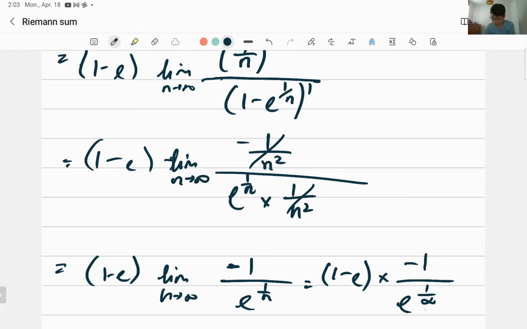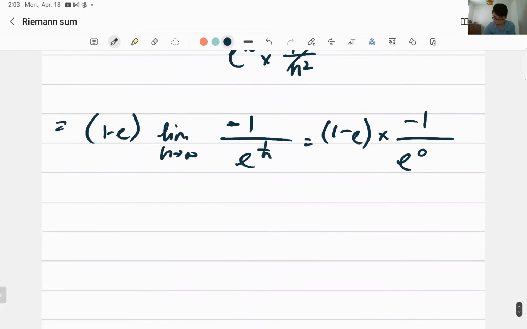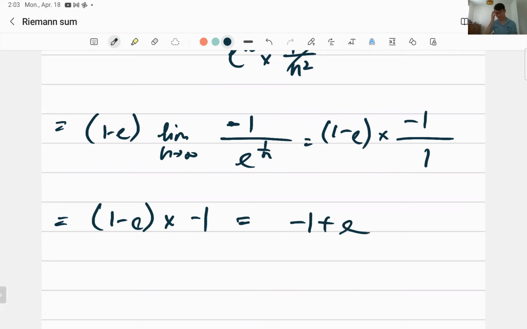Well, 1 over infinity, as we discussed earlier, is equal to 0. So 1 minus e times e to the power of 0 is 1, so we get negative 1 times the whole expression here. That's equal to negative 1 plus e. And this is the area under the curve.